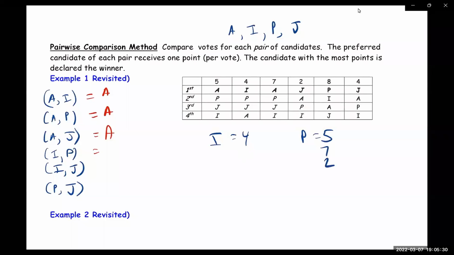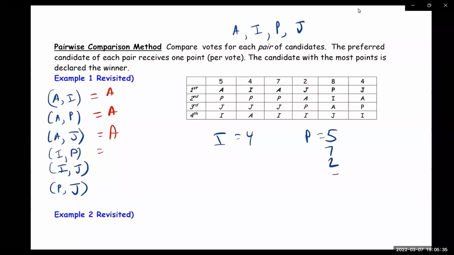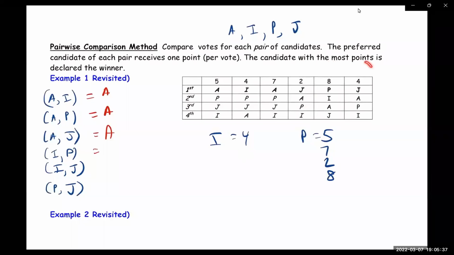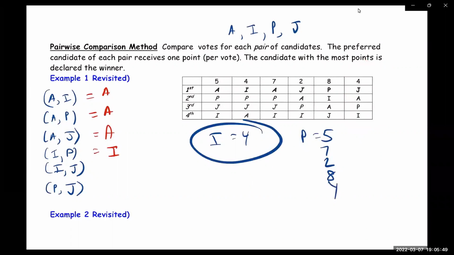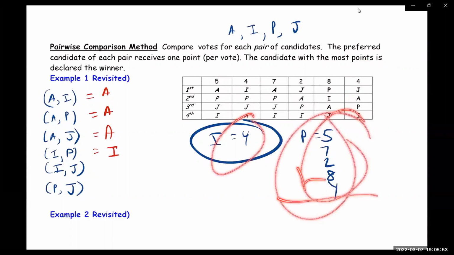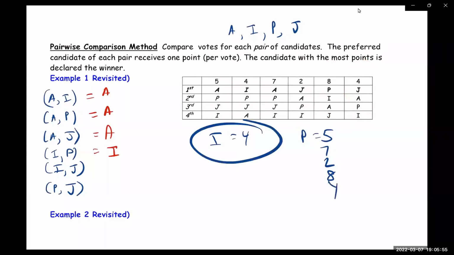P is there. The next one, P. And the last one, P. So you don't even have to add them. Clearly, P is the winner, right? If it's obvious, you don't even have to bother to add them because this one's obviously going to have more points.